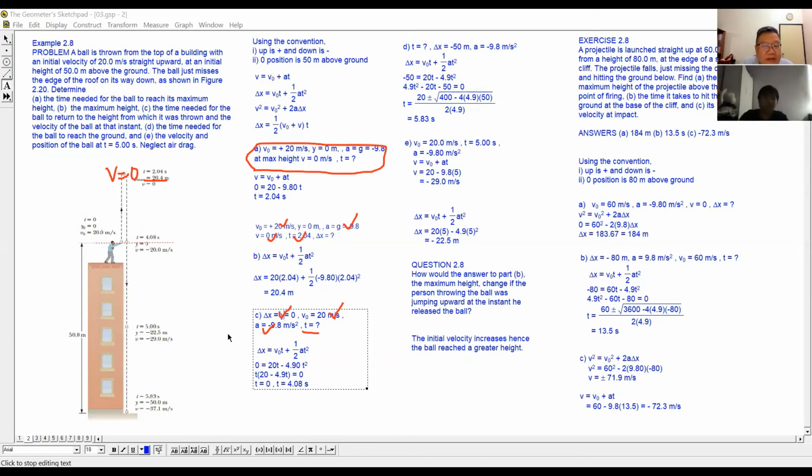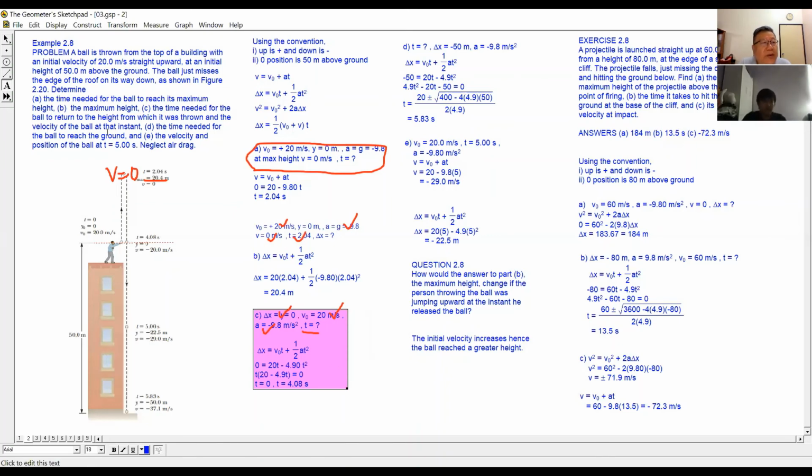Coming back to the same position is 0. Then the initial velocity is 20 t, right? Half at squared. A is 9.8, so half a is 4.9. So negative 4.9 t squared. So this is the equation that I get.